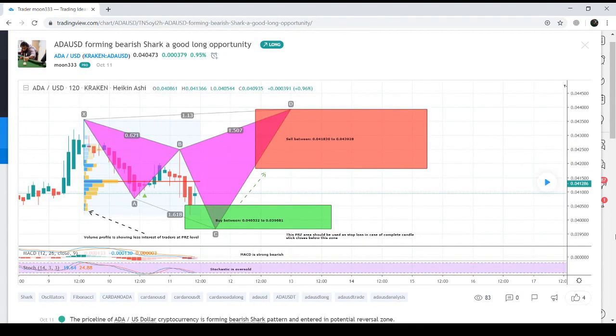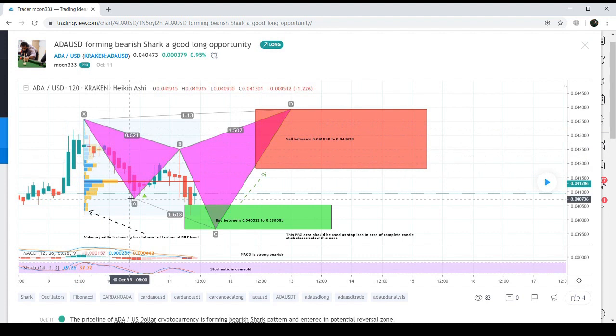Then I shared this idea of ADA or Cardano with US dollar pair, and on this chart the price action was forming a bearish shark pattern and entered in the potential reversal zone. How did I predict that it will be a bearish shark? Because all legs were driven as required for the bearish shark.